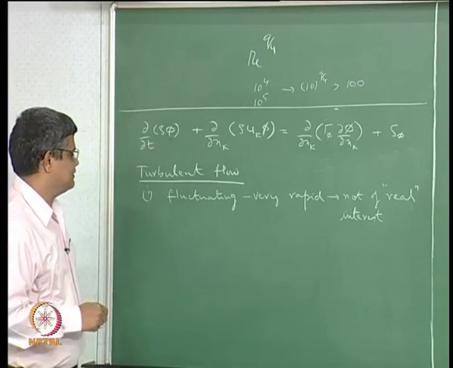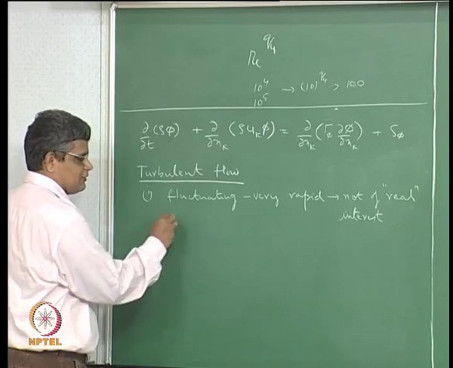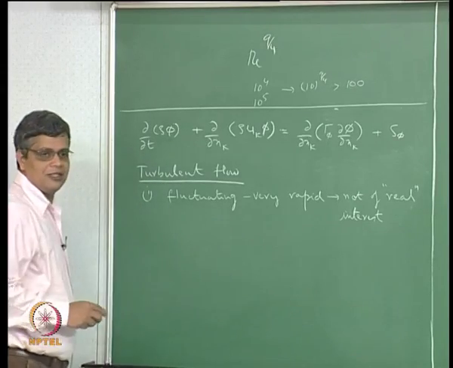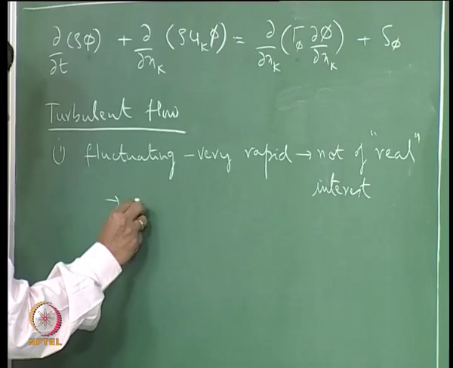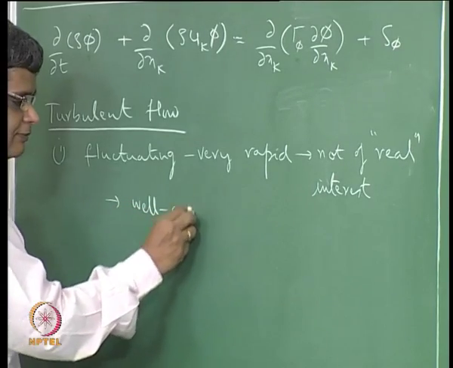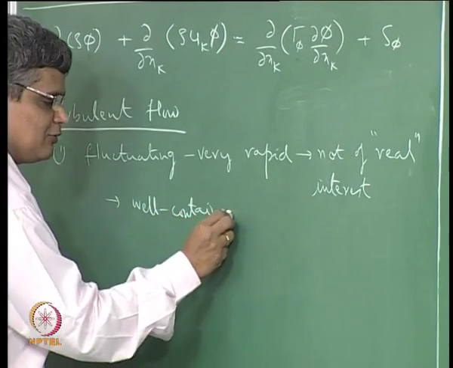These things are present. The second feature about these fluctuations is that although they are fluctuating and therefore represent some sort of instability, these are well contained fluctuations, and that is why we don't really need to know so much about this.